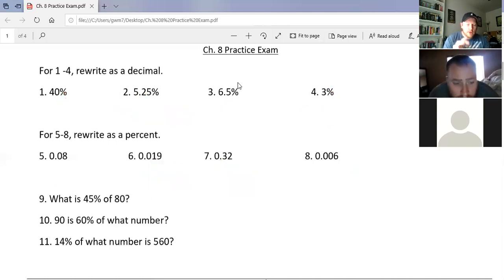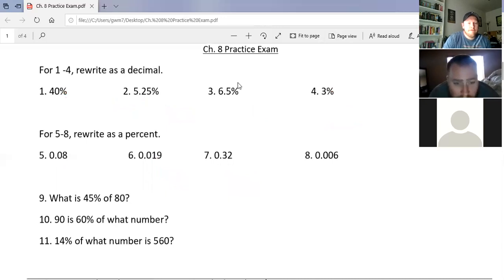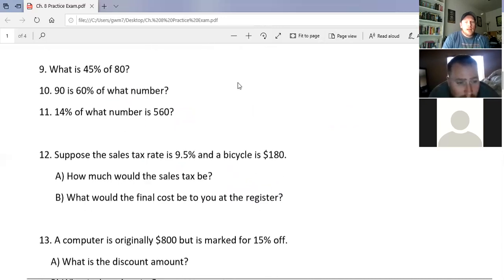So far, so good? All right. So then the next section is the percent formula questions. I will just translate these into the formula and solve it.